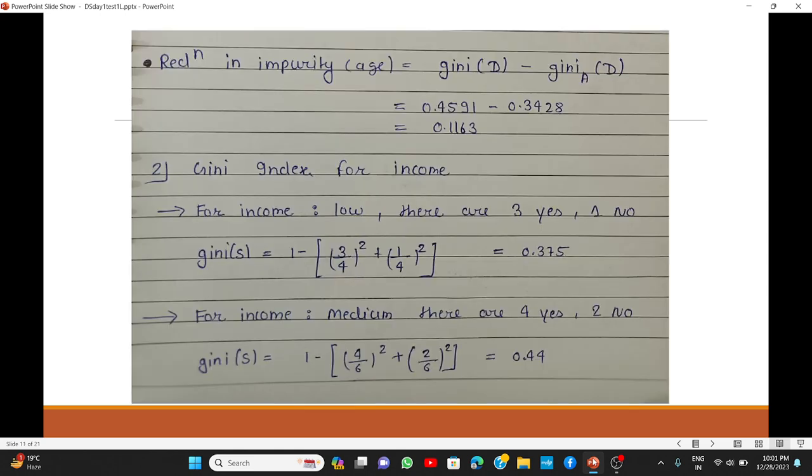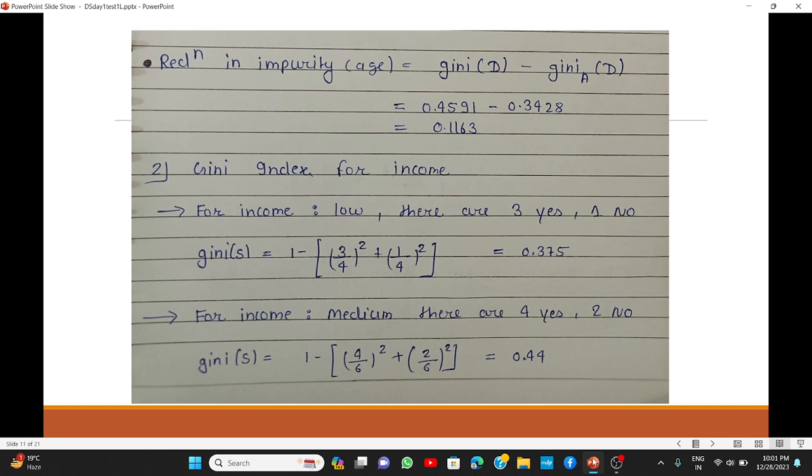Now, the reduction in impurity of age is equal to Gini of the whole dataset minus Gini of the particular attribute in the dataset. So the reduction in impurity of age is 0.1163. Now Gini index for income. In low value there are 3 yes and 1 no, then the Gini for low is 0.375.